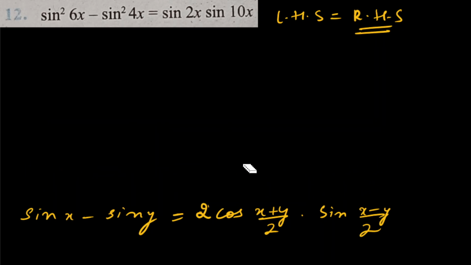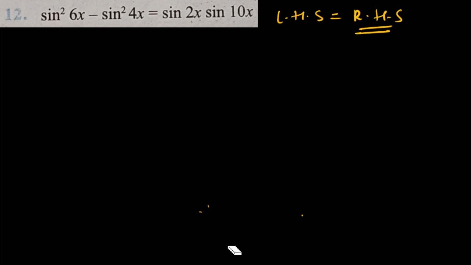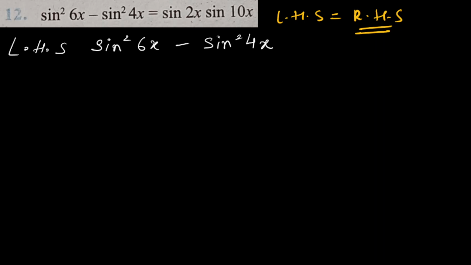I'm going to start from the left hand side. So left hand side is equal to sine square 6x minus sine square 4x. So we have to see here, square is there. This is of the form a square minus b square.